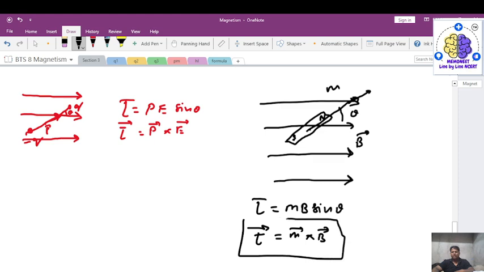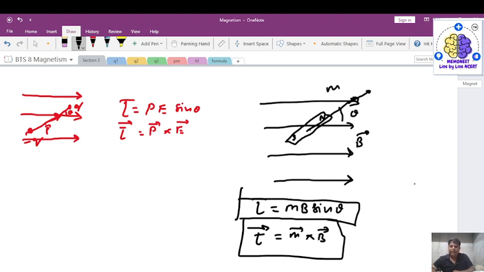Again, I would repeat that the derivation for this formula is not important here, because the derivation is similar to the derivation we did in electrostatics. If you remember it, in the same way we can derive these formulae, and the derivation is not relevant over here because we just need the formula, right? So just remembering the formula will do.